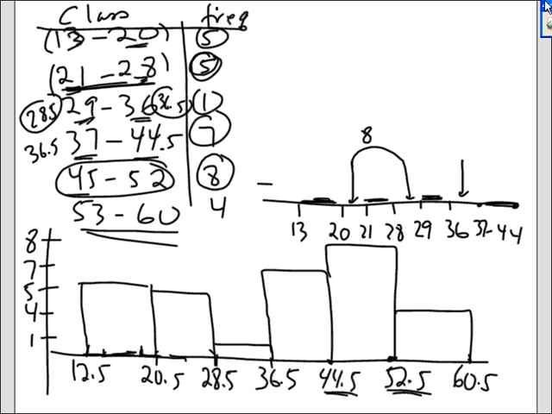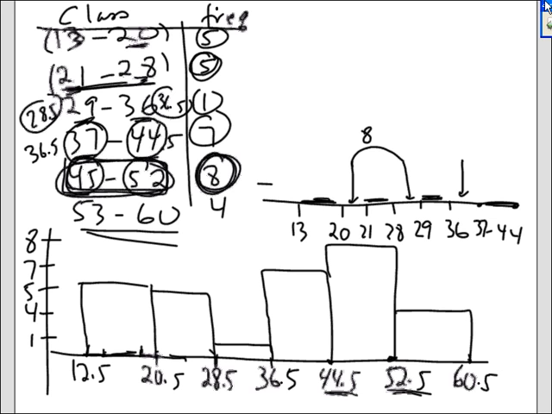It uses the class boundaries. That's the numbers just before 37 and just above 44. Just before 45, just above 52. I'm saying that so once you label it on the bottom, you know that 8 doesn't go between 45 and 52, but just below 45, just above 52.